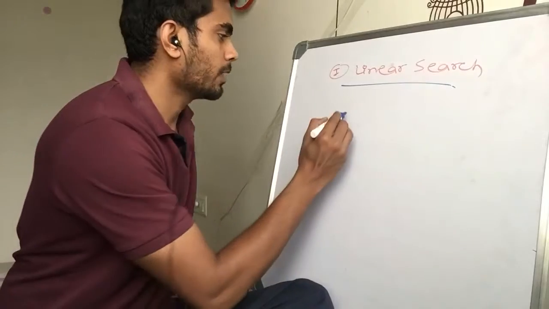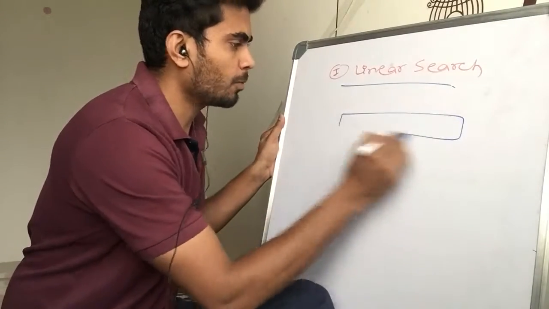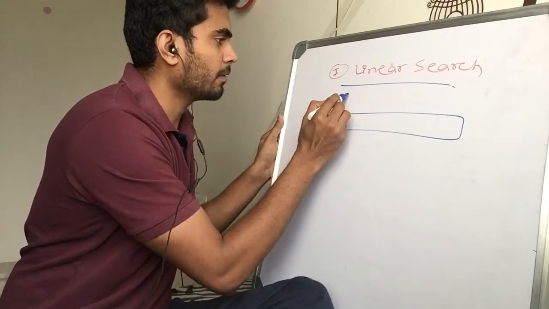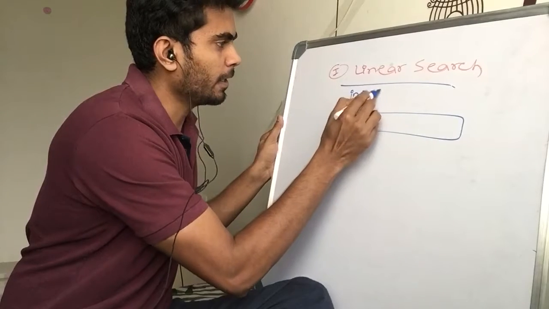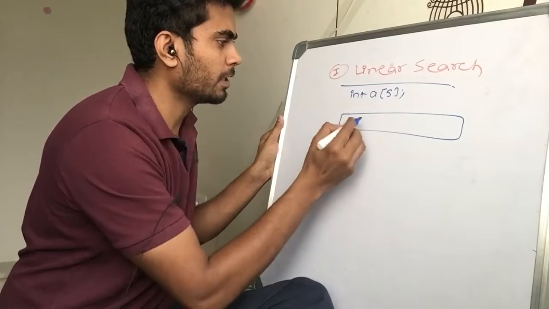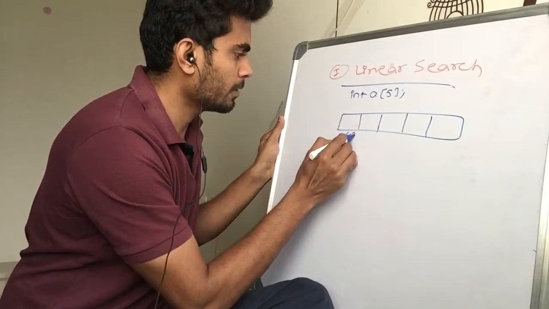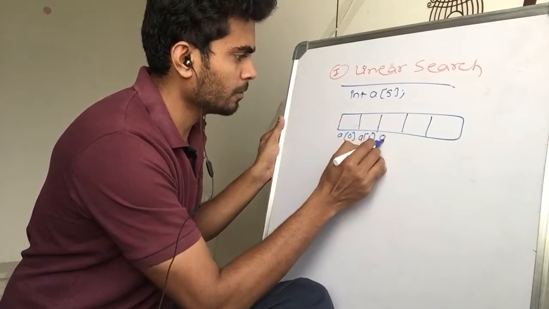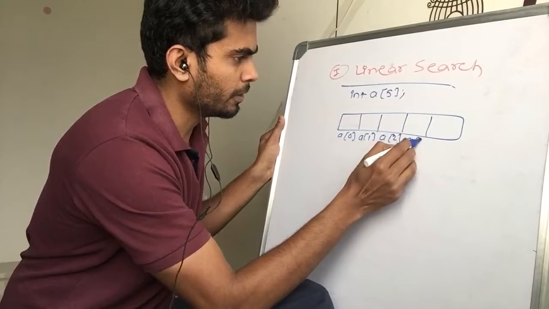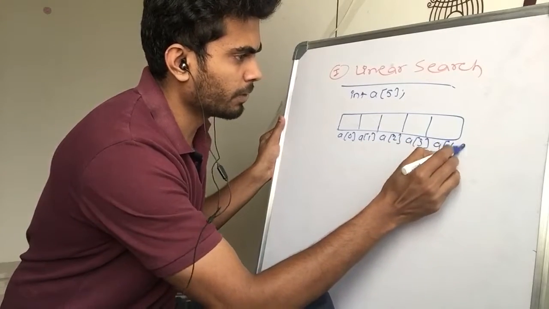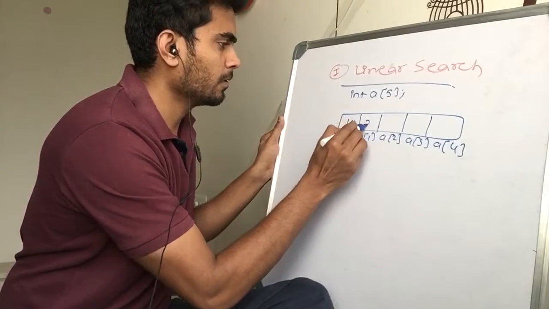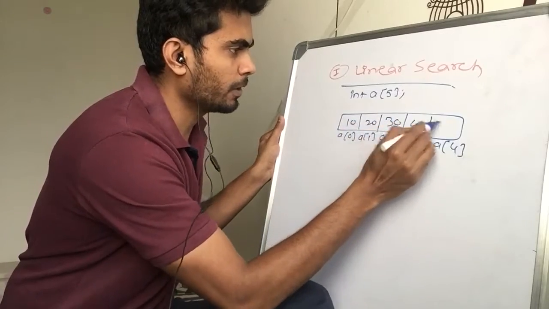Given a list, say in the form of an array, say we have int a[5] which contains these 5 elements: a0, a1, a2, a3 and a4. Say these are 10, 20, 30, 40 and 50.